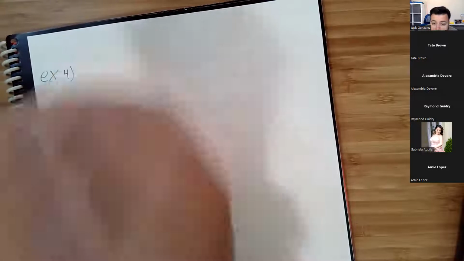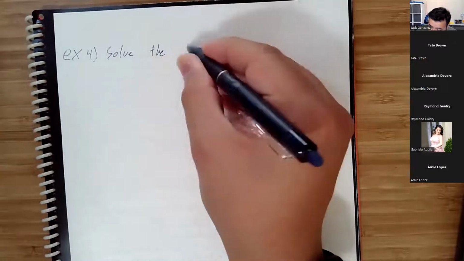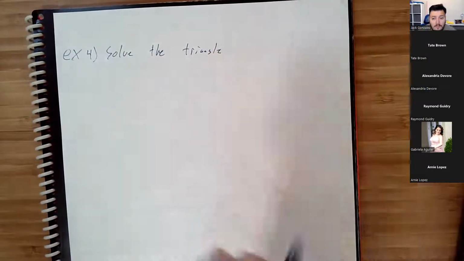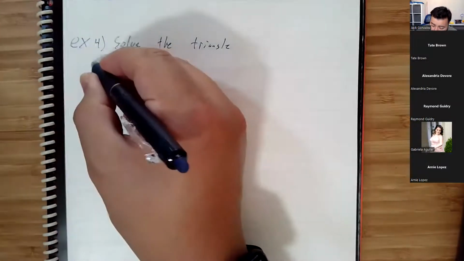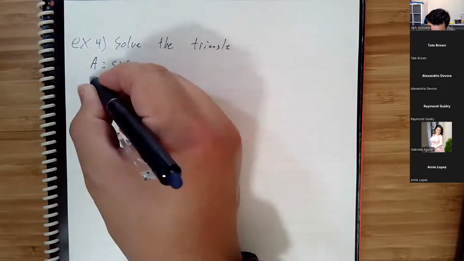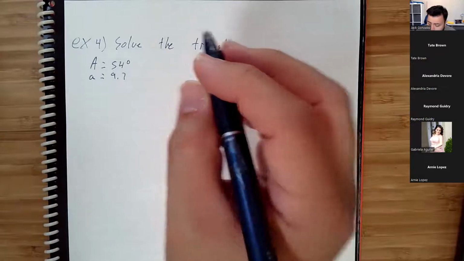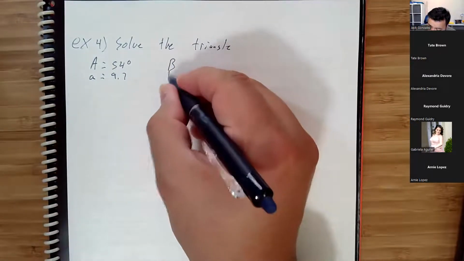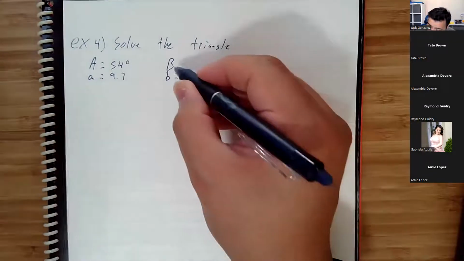Or 4. Okay. So solve the triangle. We are given little a, capital A, little b. I think that's it.